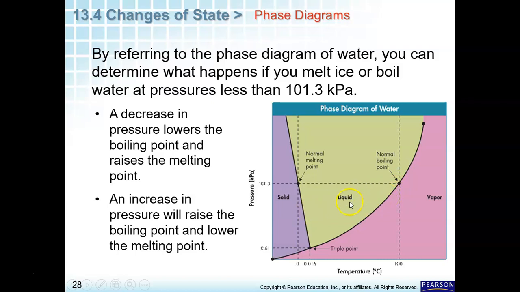An increase in pressure is going to raise the boiling point, but also lower the melting point. Water is a little bit of an interesting one. But basically, if my pressure is going up, the water is going to boil at a higher temperature, and it's going to melt at a lower temperature.